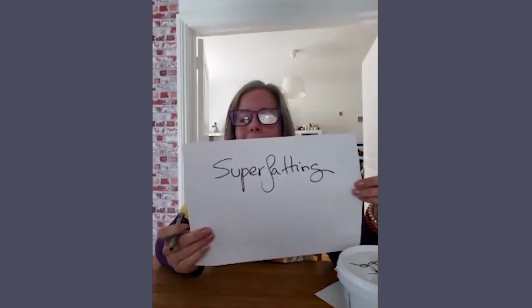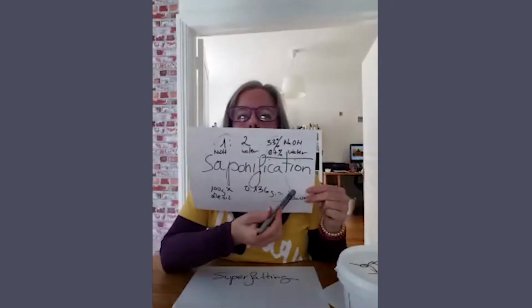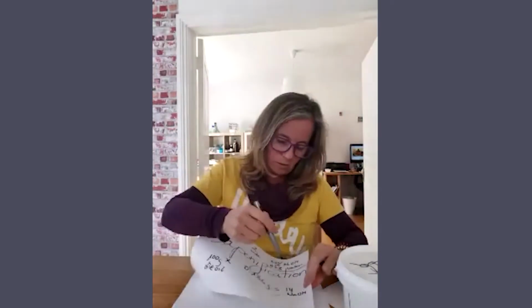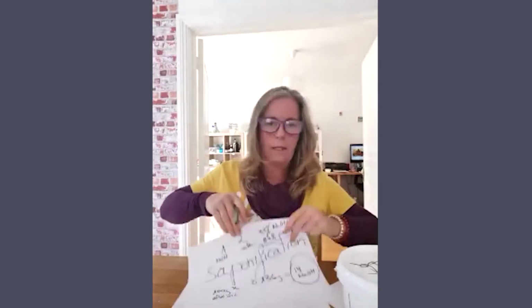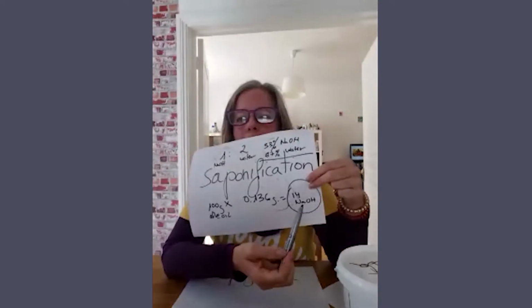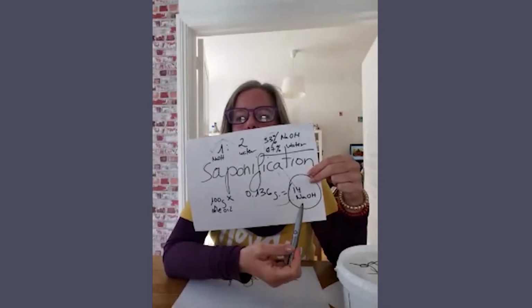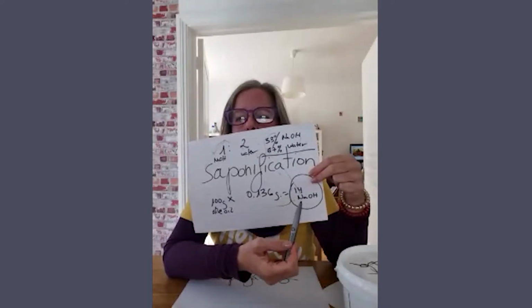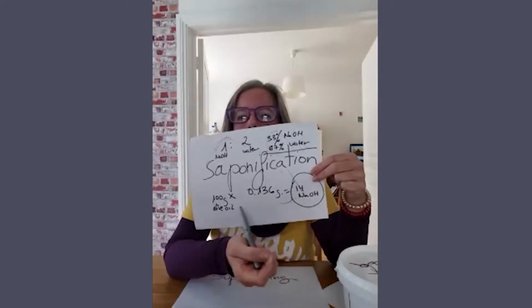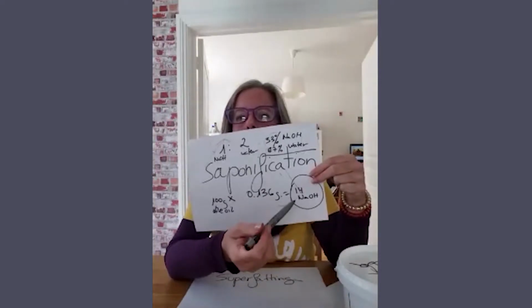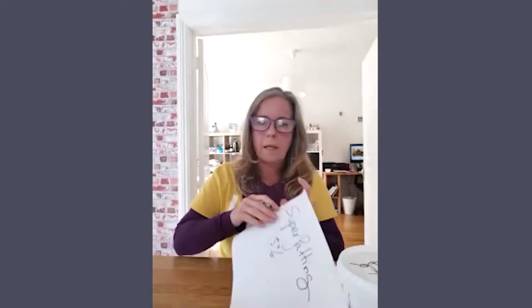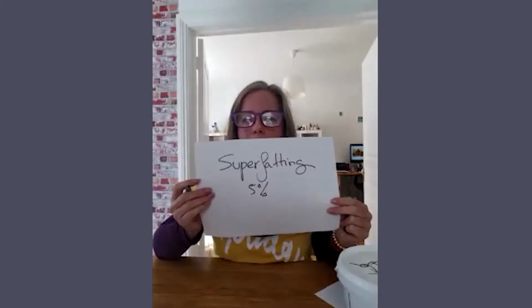Super fatting means that you discount the quantity of sodium hydroxide in your calculation here. When you get your total, what you do is, let's say, discount 5%. That's called 5% super fatting.